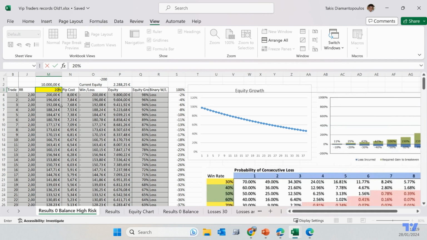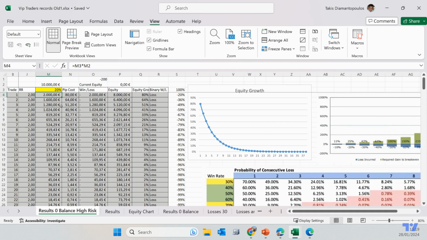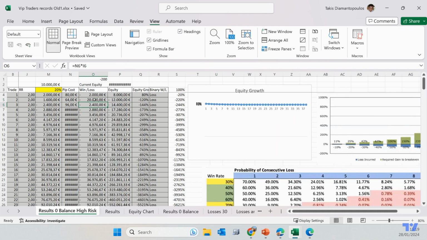So I will risk 20% of my equity on each trade. This means if it was a fixed amount of money, 20% of 10,000 is 2,000. So if I was to trade with a fixed amount of money, 2,000 loss every time.